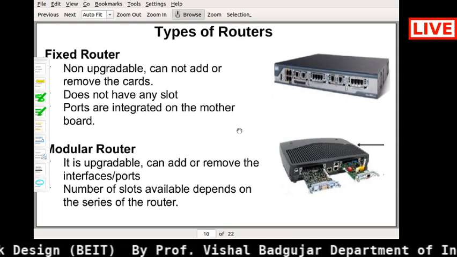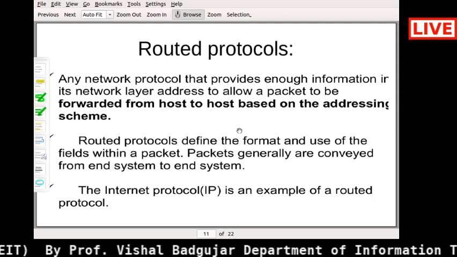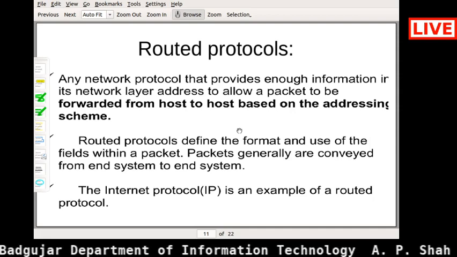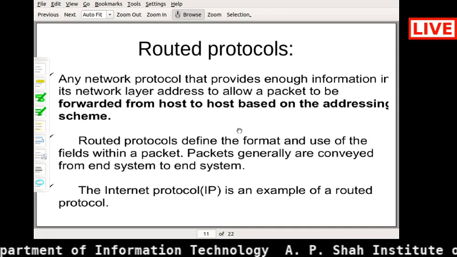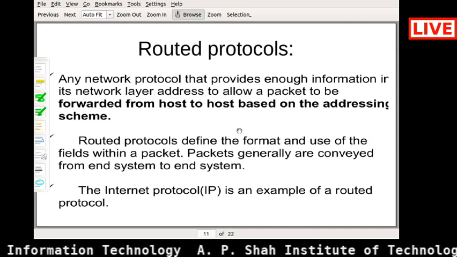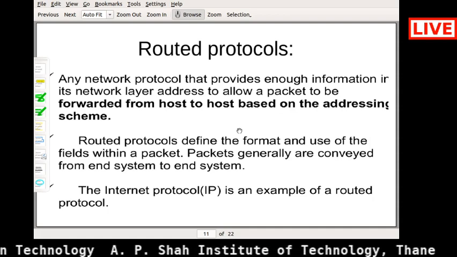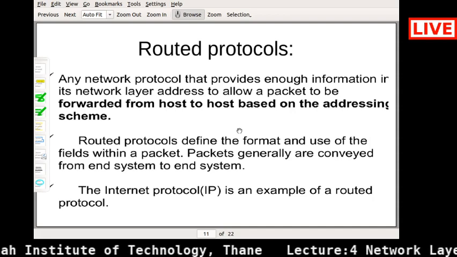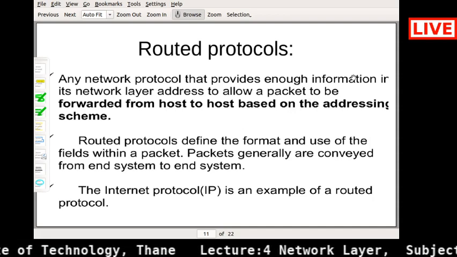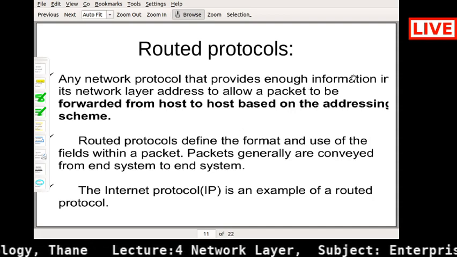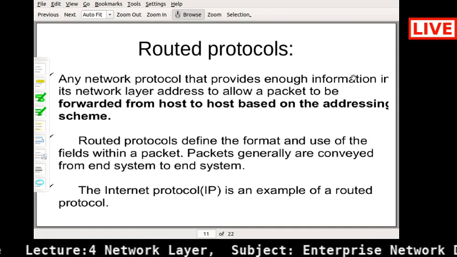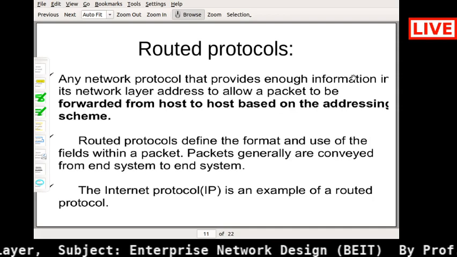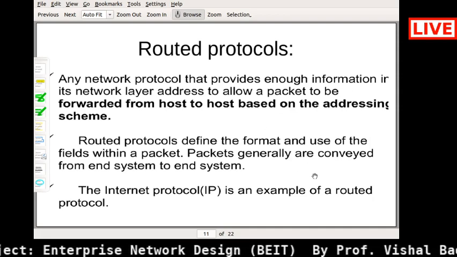Next is the router protocol. As we know, in the network layer the protocol is the Internet Protocol, IP, which is an example of a routed protocol. It is useful for logical addressing from host to host, and it sends a packet forwarded from host to host based on the addressing scheme.